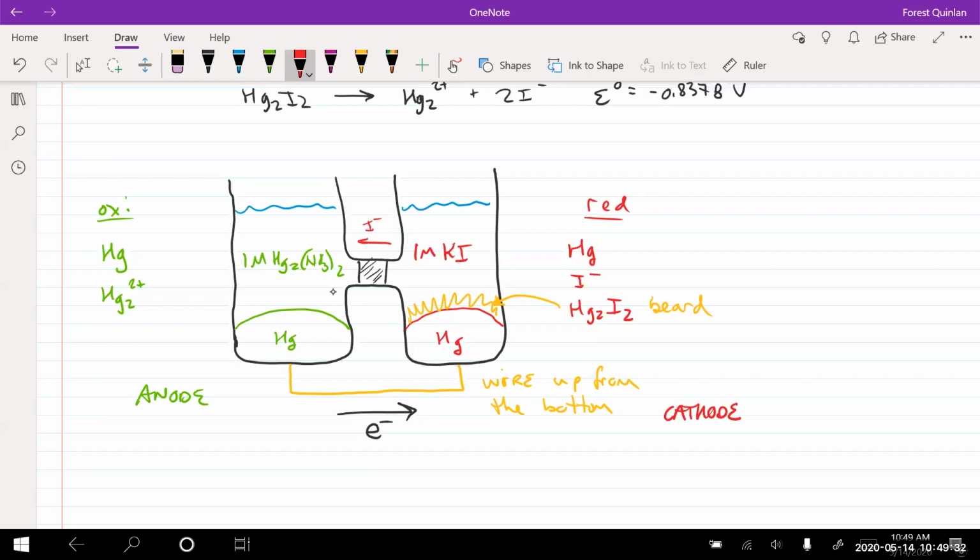Now, keep in mind, if our I minus is going through the semi-permeable membrane, it's not going to take very long to see the mercury down there and start poisoning that mercury, right? And this is how your stuff eventually dies, how it just doesn't work anymore.